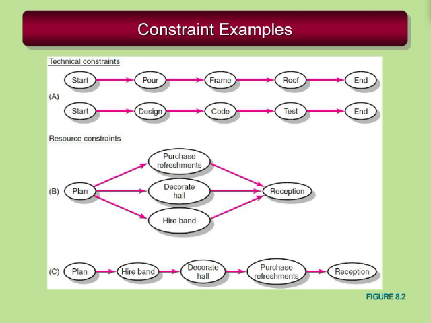B represents the ability to multitask or have enough people available to decorate the hall, purchase the refreshment, or hire the band. You may run into a situation where there's less people available, and it might be you and that other person that are responsible for hiring the band, and then later on you'll do the hall decoration and purchase the refreshments and bring them in to the reception. So you can see that that can be done both in parallel or sequentially.